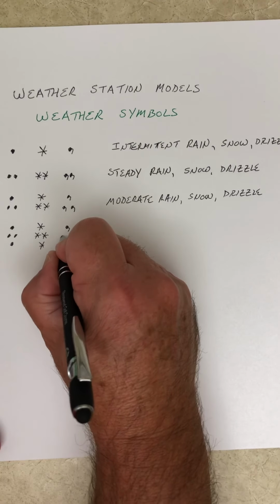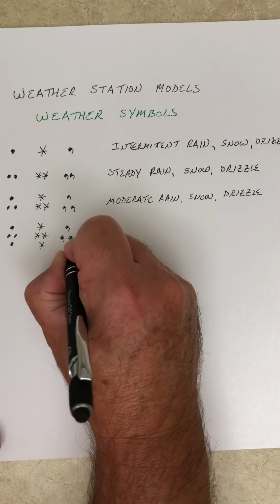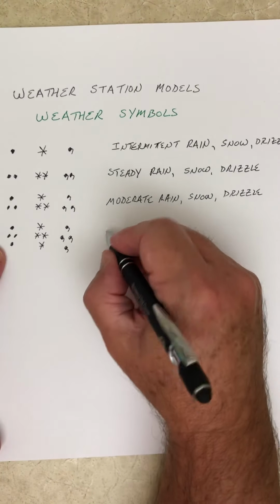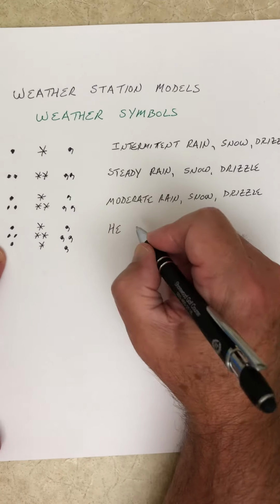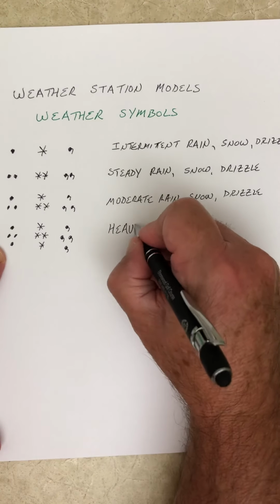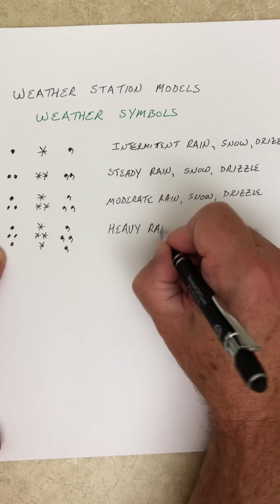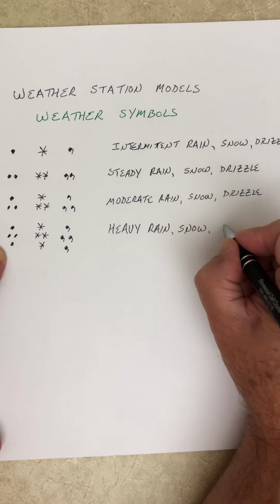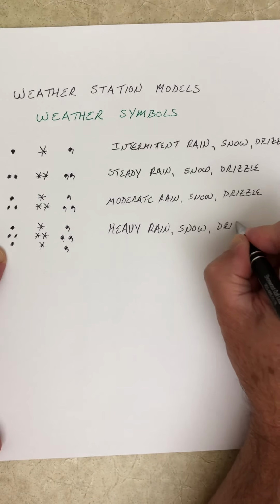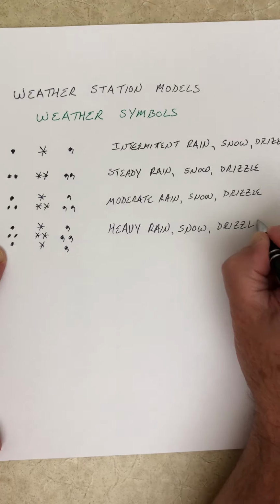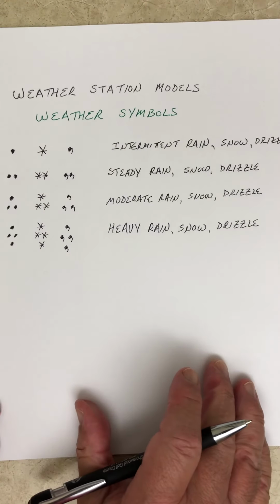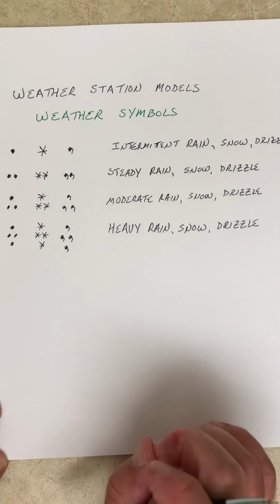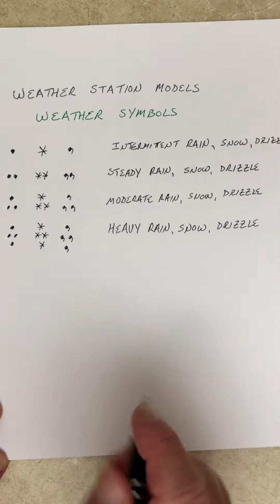You wouldn't think you could have heavy drizzle, but four of these symbols in a diamond-shaped pattern would indicate heavy rain, heavy snow, or heavy drizzle. I literally have seen that reported on a weather map. Okay, so those are the main types of precipitation: rain, snow, and drizzle.